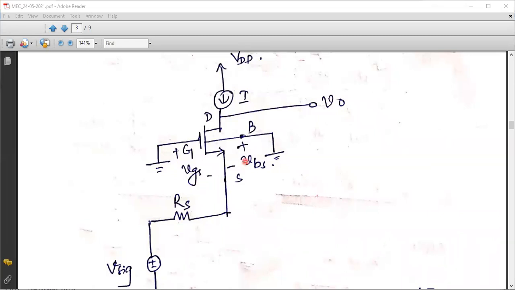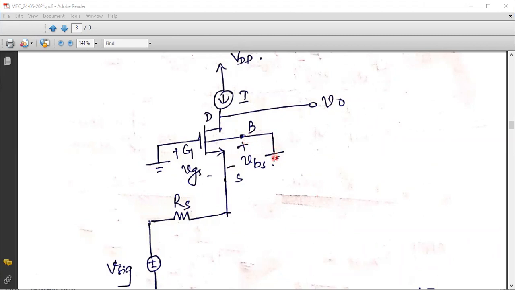And one small change: we have already discussed the body effect in the previous module. So MOSFET, as you know, though it is a 3-terminal device, we have one more terminal which is called B, body. Normally this body will be tied to the source. But in some cases, that is in common gate configuration with active load, body will not be connected to the source.